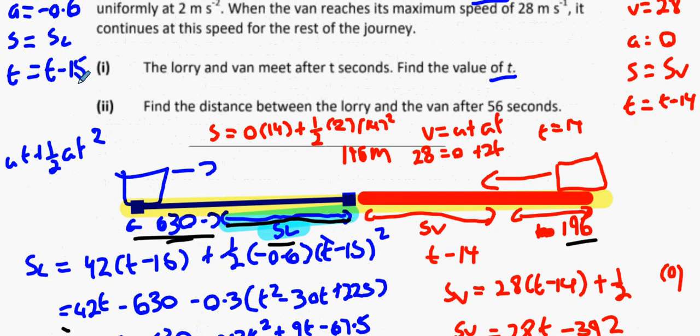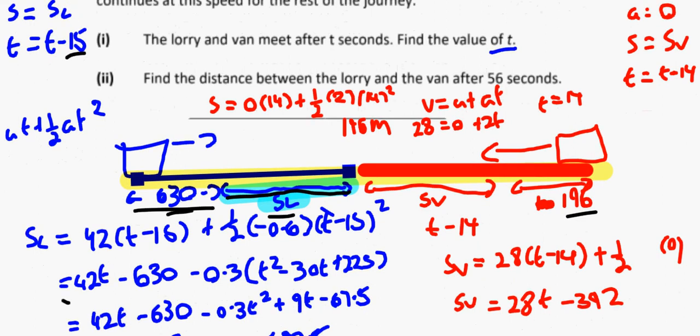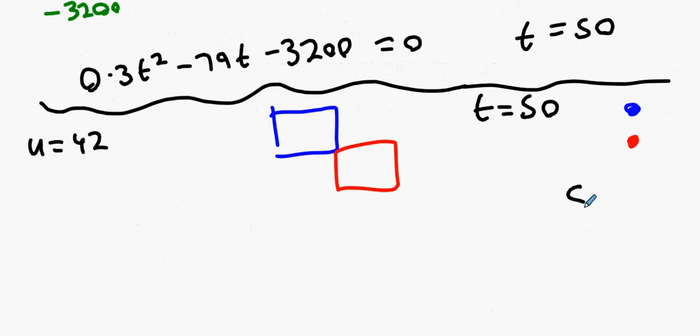So remember, it spent its first 15 seconds at constant velocity, and then after that, it was decelerating. So 56 take away 15 is 41. Has 41 seconds worth of deceleration going on here.